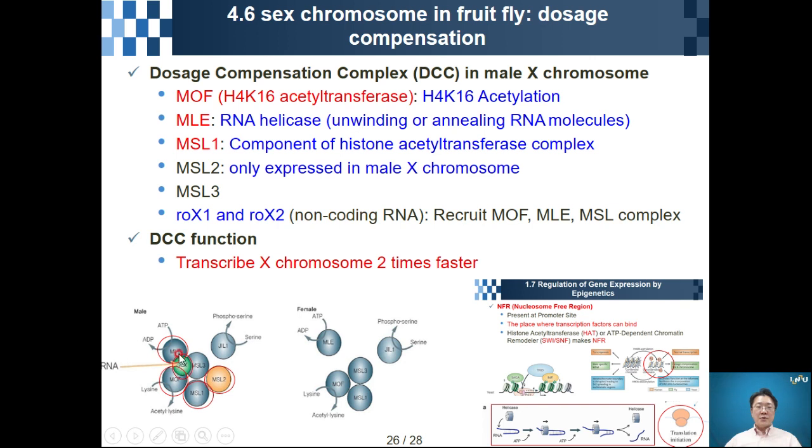The main function of roX1 and roX2 is to recruit MOF, MLE, and MSL complex together, so these components function with each other. After that, the DCC complex can transcribe the X chromosome 2 times faster.